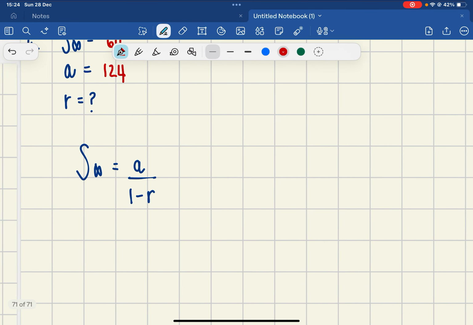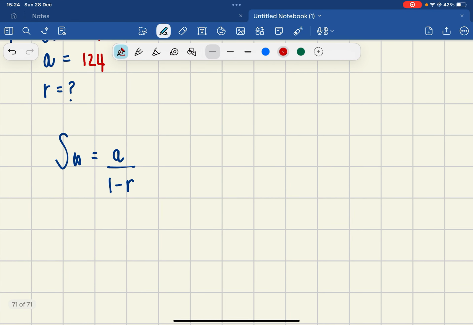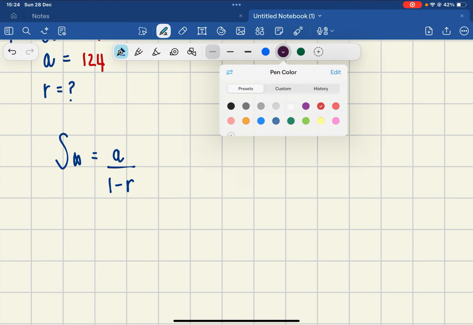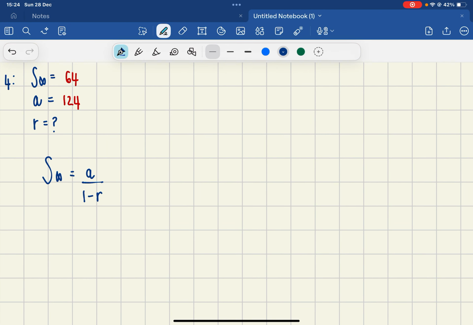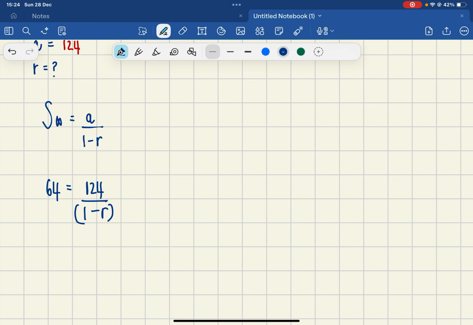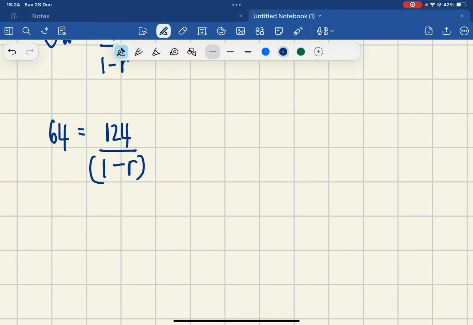Now let's quickly solve for r. Now boys and girls, we then follow normal algebraic procedures. So we can plug everything in. S of infinity is 64, our a value is 124, over 1 minus r. Let's deal with each and everything accordingly.